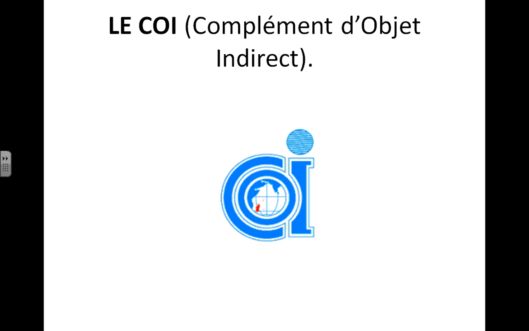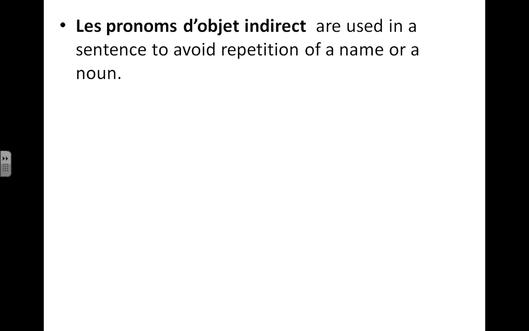Having said that, let's go ahead and do the COI, complément d'objet indirect. Let's see what the difference is with the COD. Les pronoms d'objet indirect are used in a sentence to avoid repetition of a name or a noun.